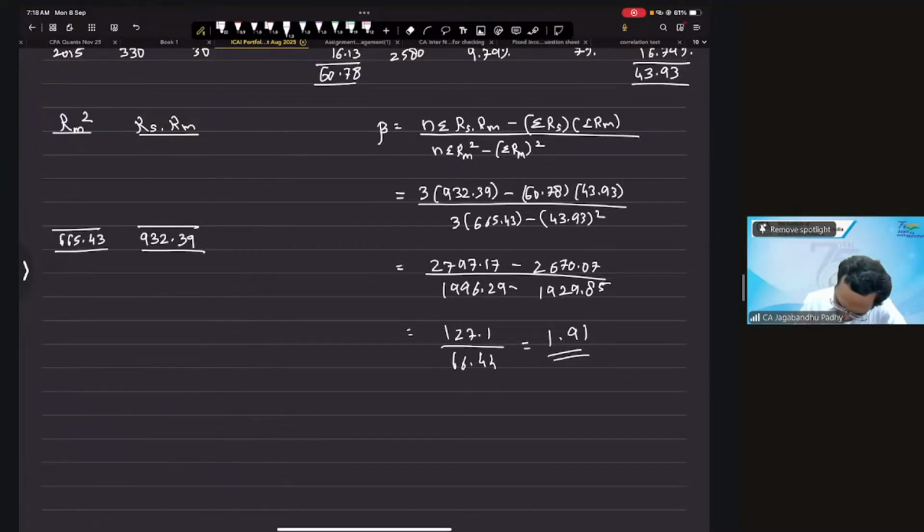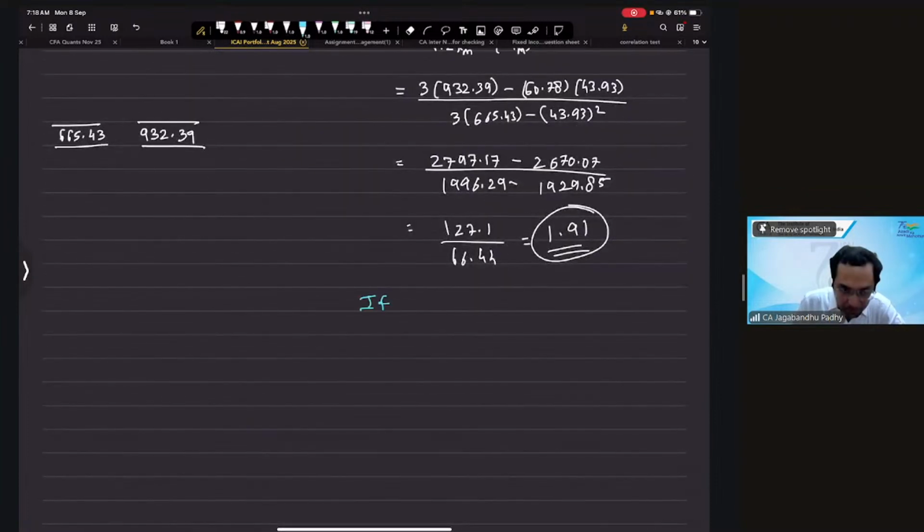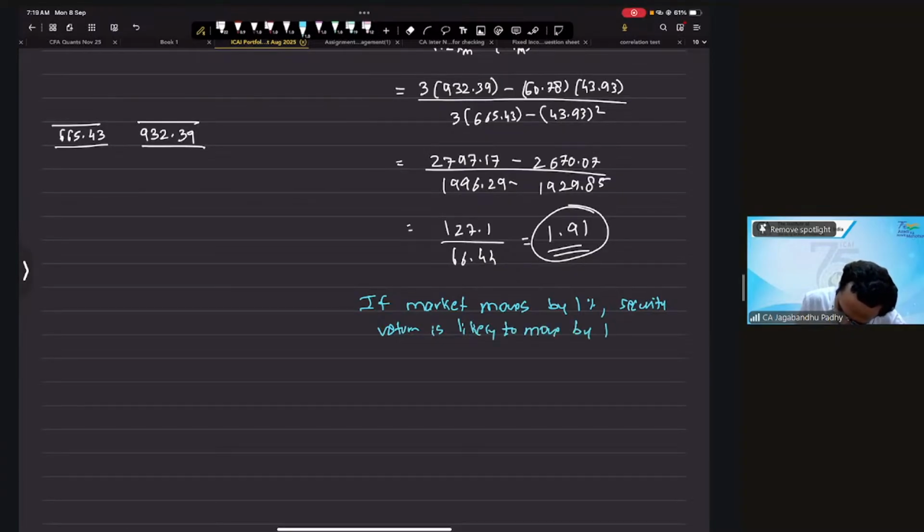This simply means that if the market moves by 1%, security return is likely to move by 1.91%.